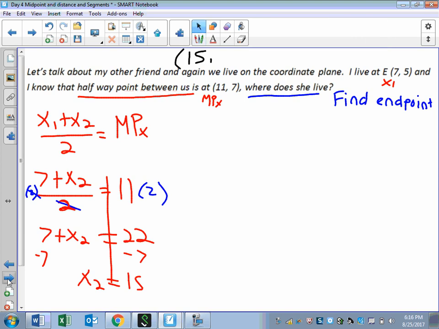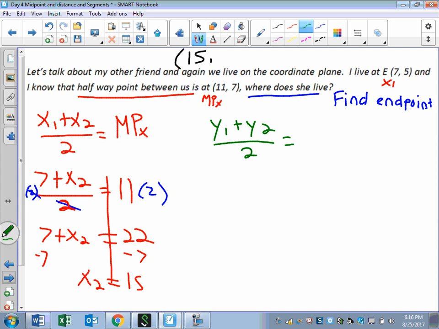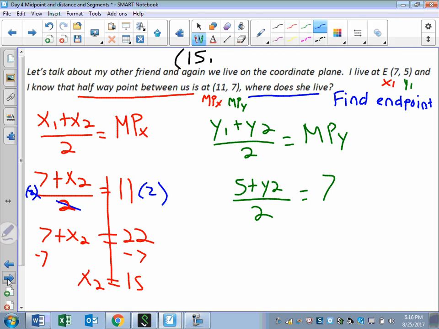Now we want to do the same thing for the y. So we have (y1 + y2) divided by 2 equals the midpoint of the y, right? So we've got our y1 and our midpoint y. We just need to plug those in. We have 5 plus y2, we don't know, divided by 2 equals midpoint y, which is 7. We have to multiply by 2 again to cancel that out.